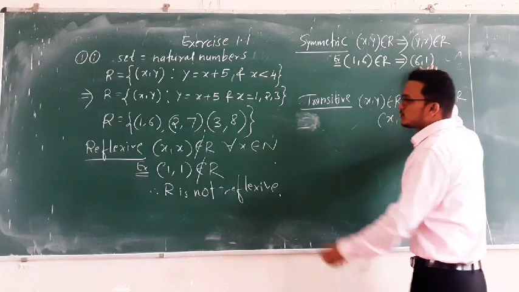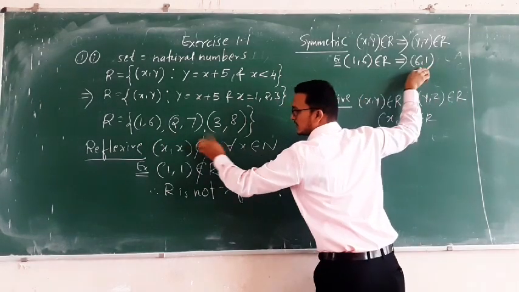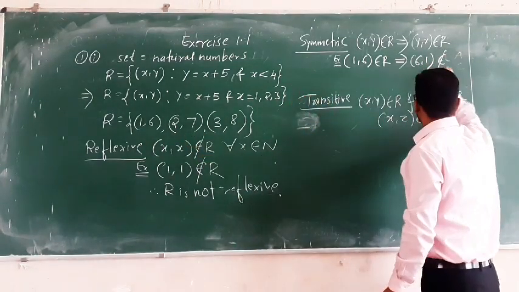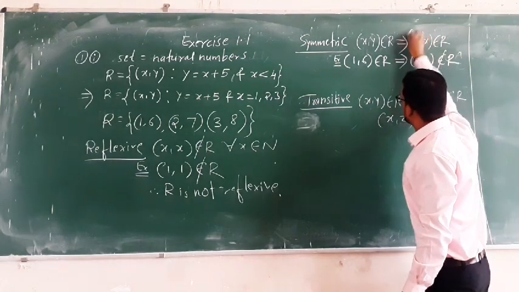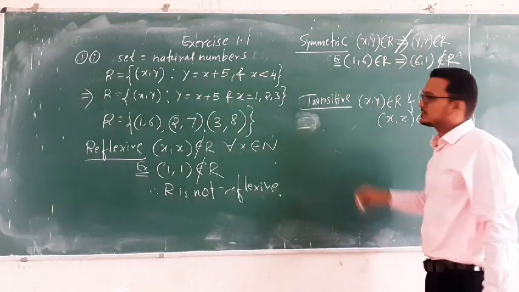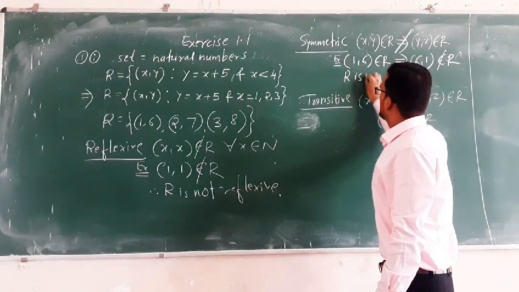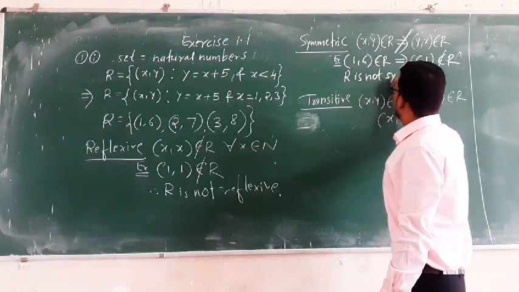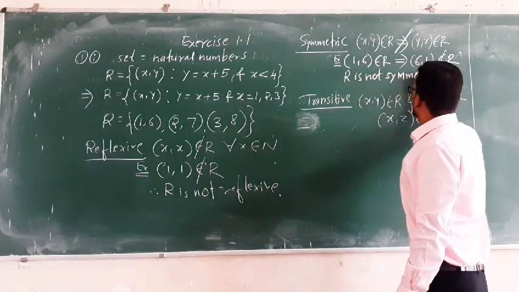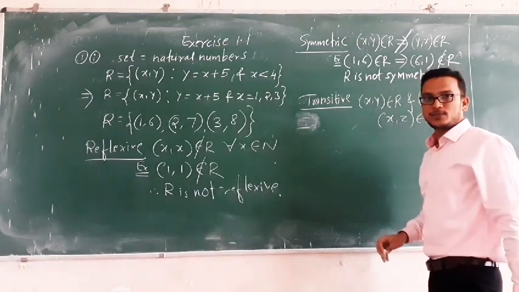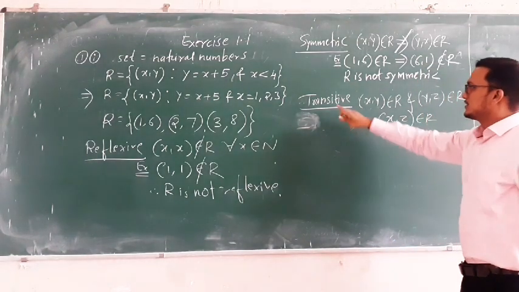Is this (6, 1) present in R? No. So it does not belong to R, and therefore the implication fails. So R is not symmetric.